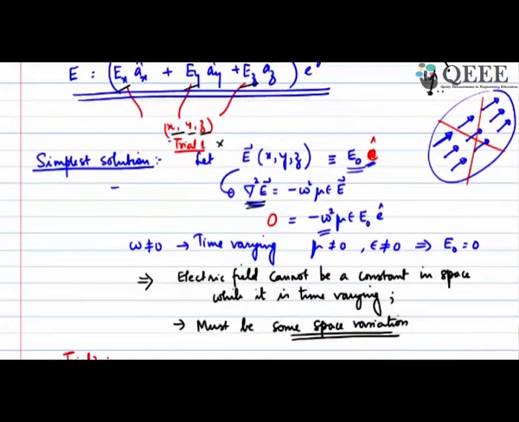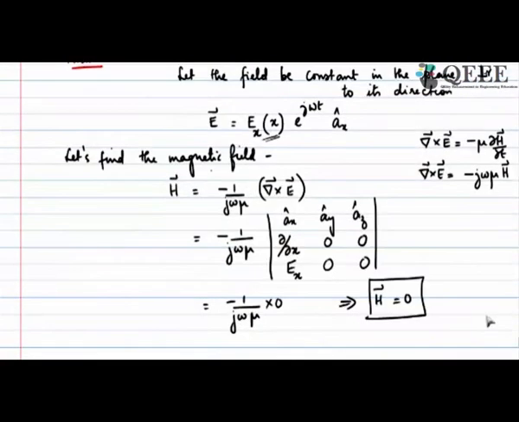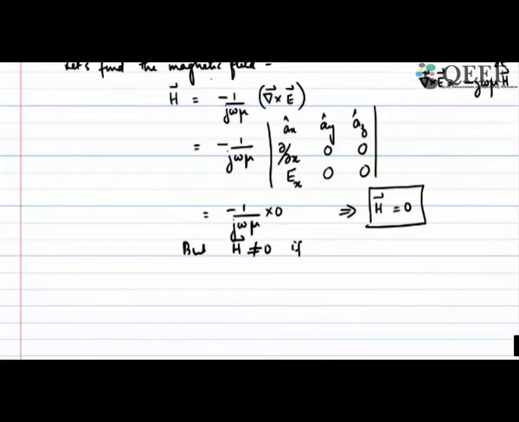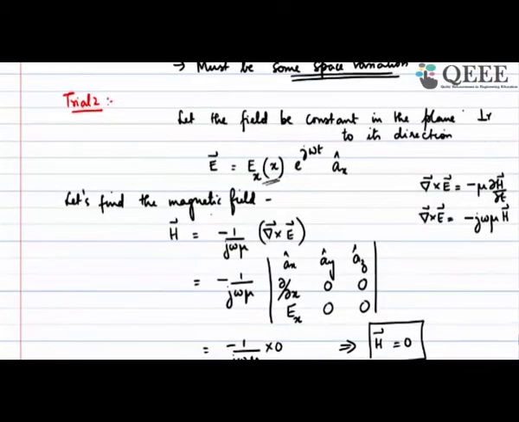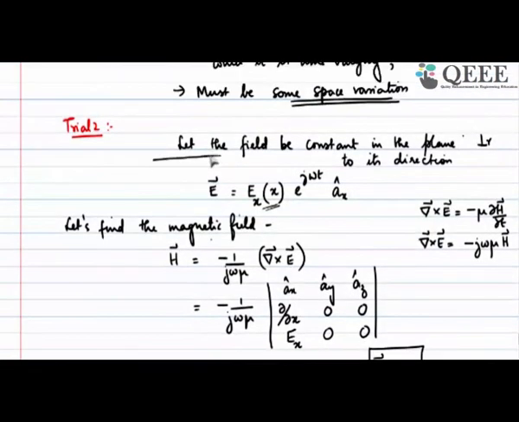Since E is time varying, I must have a non-zero H. So where is the anomaly? Where is the mistake? This trial 2 is wrong.